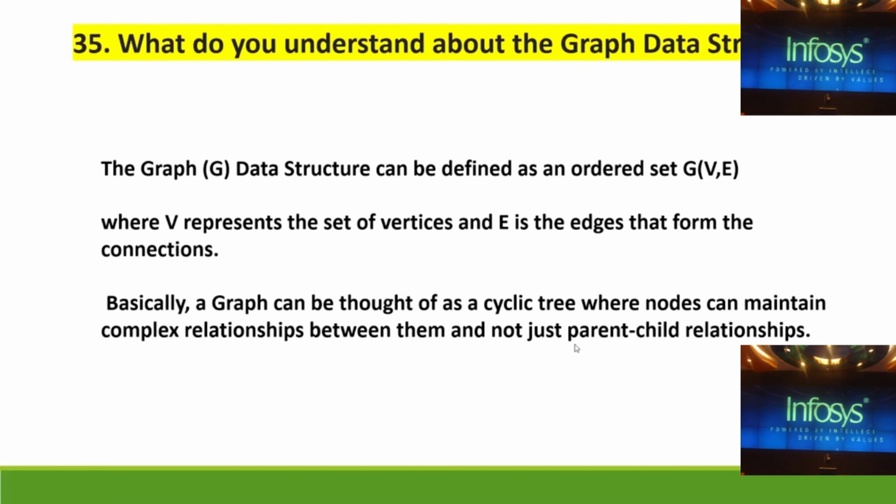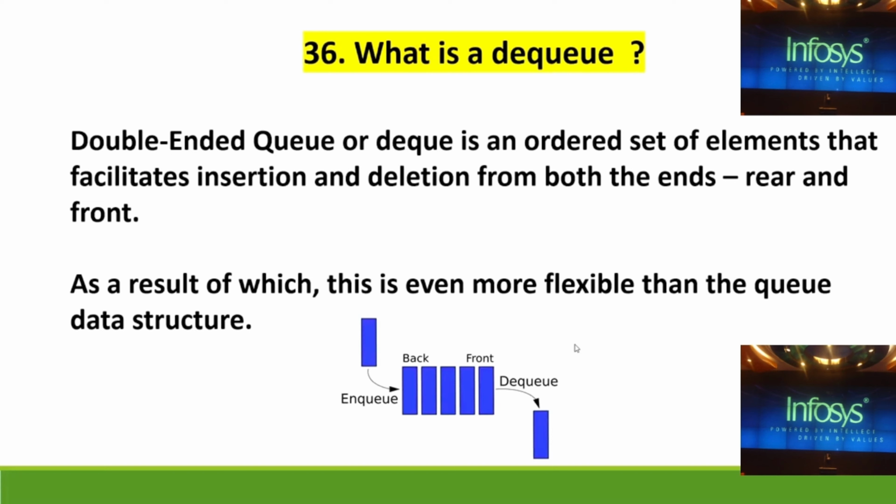Those who know data structures and algorithms concepts find it easy to crack the technical interview at Capgemini. So a graph data structure is a combination of vertices and edges that form the connections.